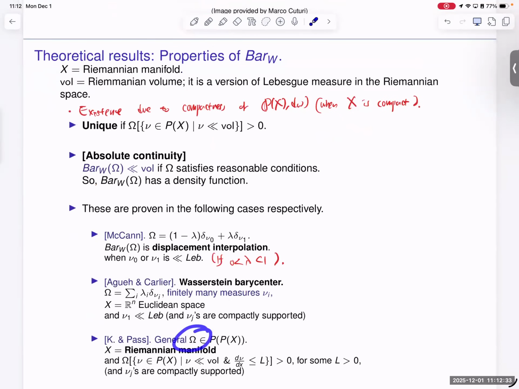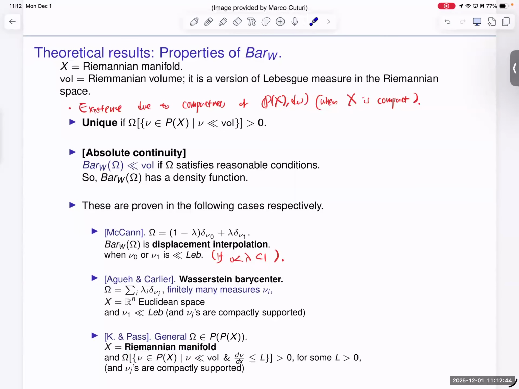You can consider even just any general probability measures. Let's say you can also consider a more general space like a Riemannian manifold. But then there is some assumption.